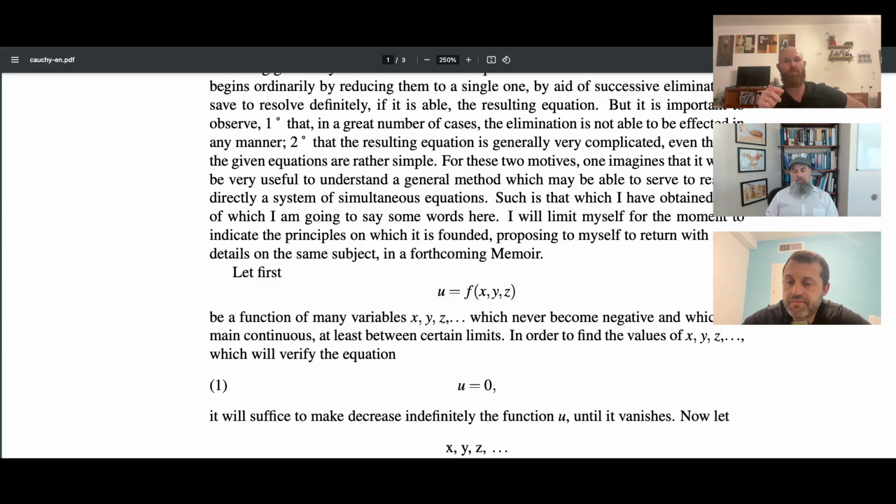So he says the usual approach is to eliminate variables progressively and then reduce it to one equation. And then there's two problems. One, elimination is not possible, or the resulting equation is becoming very complex. Yes. Okay, so then he says, Daniel, very small comment.